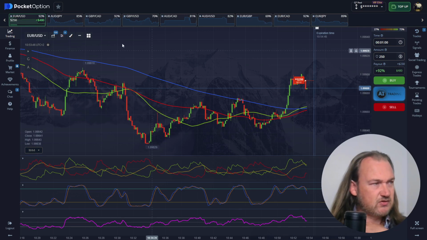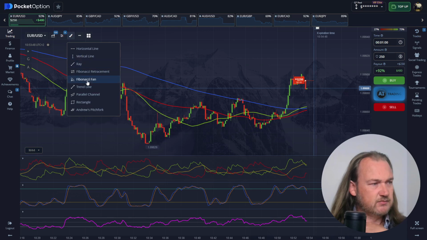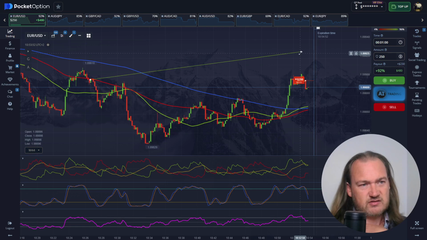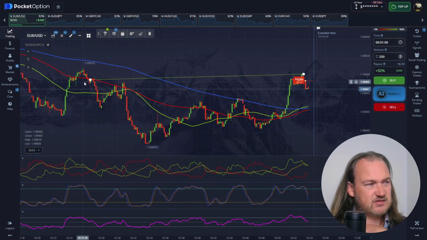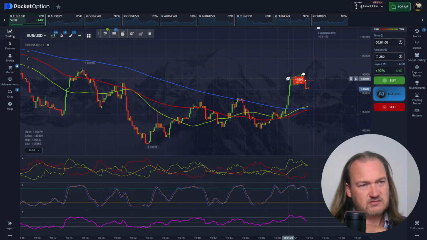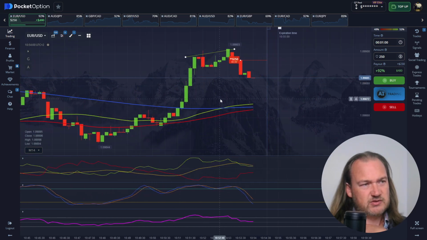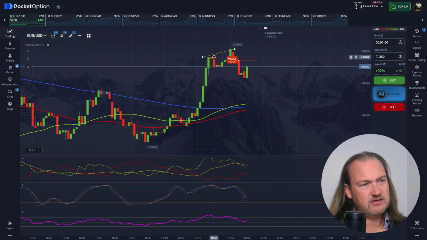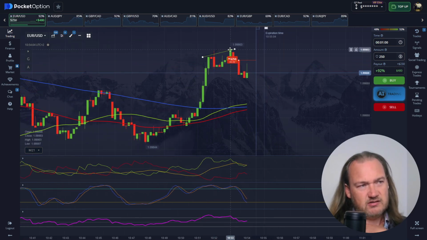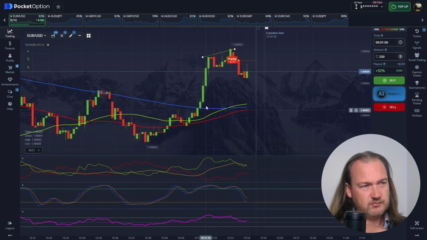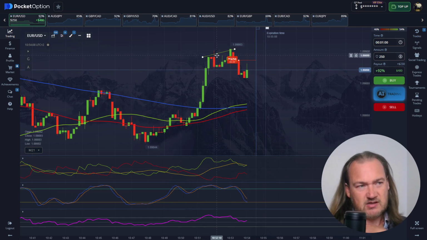Okay, so the reason I took this is normal bearish divergence. It's going to be difficult to draw this in though. Let's zoom in a bit. Okay, so we had price make a new high. Let's start here. We had a big push, price made a high. Came down, small correction, and made a new high.